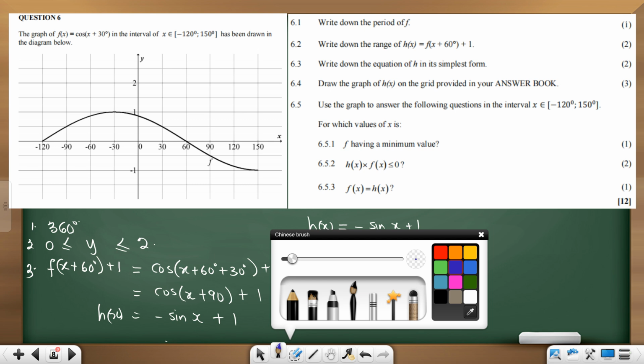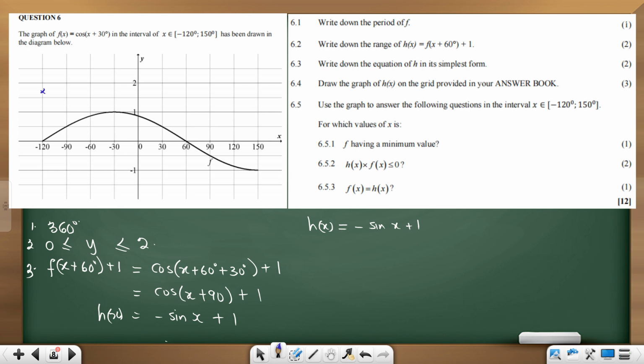Talk to me. Negative 90 is 2. Lovely. Negative 60, 1.866. Negative 30, 1.5.